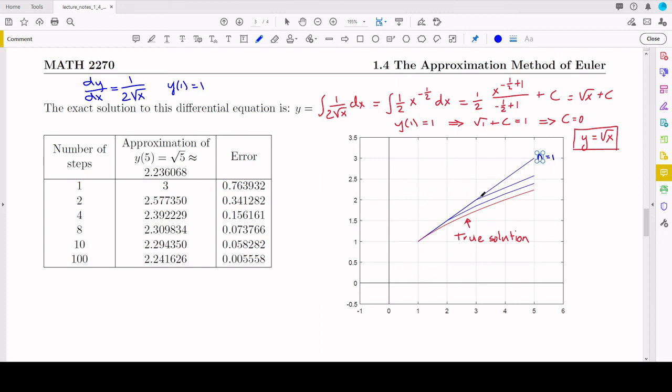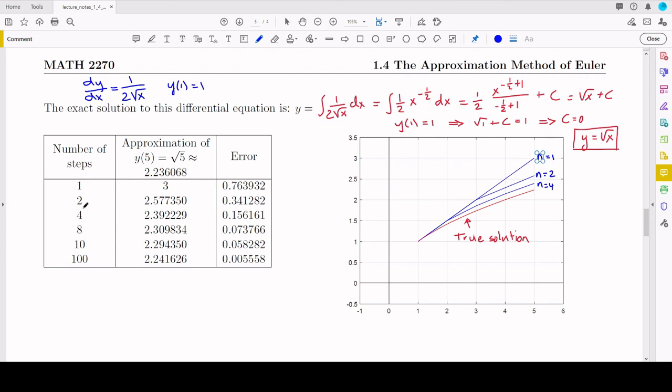And then we have the solution when n equals 2 that went through (1, 1) and then (3, 2) and then (5, 2.577), right? And the last thing that was graphed here is when n equals 4. And from the graph here, you can see that the more steps you take, the closer the approximation is to the true solution, y equals square root of x.